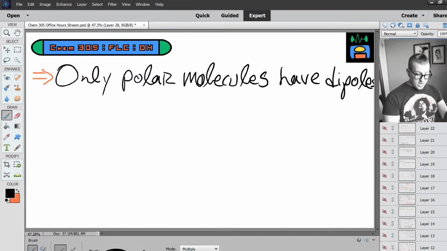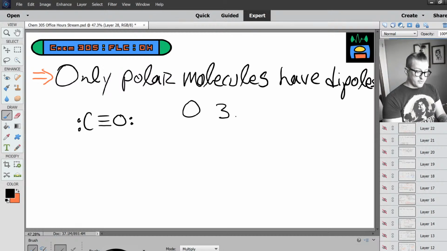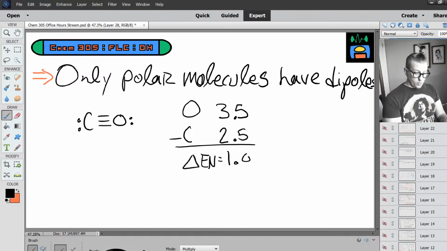All right. So now when you look at carbon monoxide, this is its structure, and oxygen has an electronegativity of 3.5. Carbon has an electronegativity of 2.5. So here the electronegativity difference is 1.0.